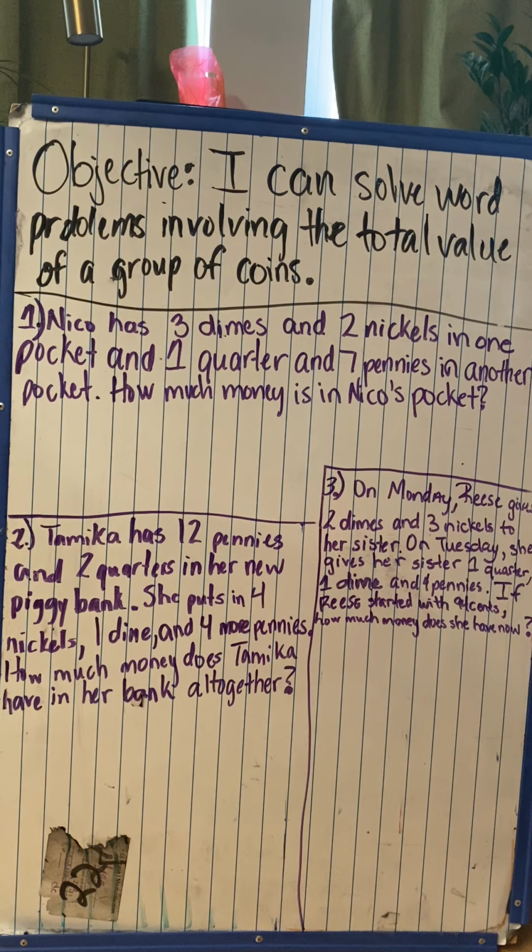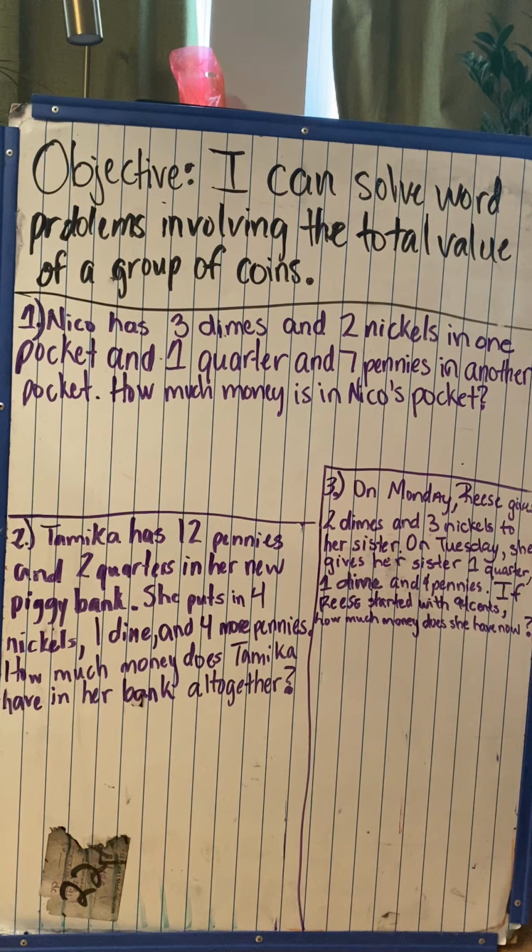So remember, we're going to use the RDW model when we are solving our problem. So we will read the problem, we're going to draw and label, write a number sentence, and write a statement. So we've already read the problem. So now is our time to draw and label. Okay?